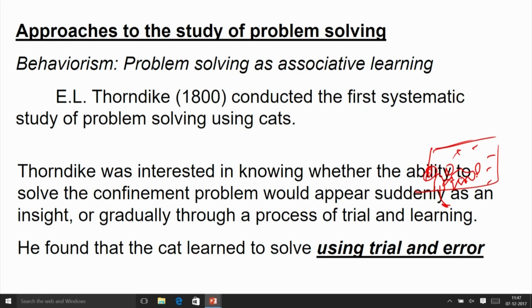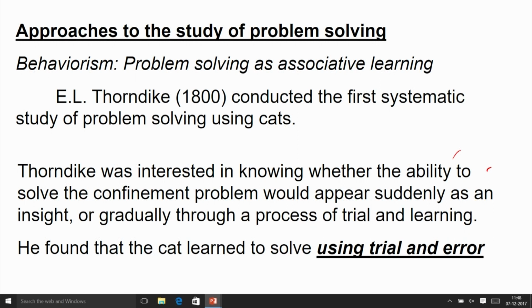So, Thorndike was interested in knowing whether the ability to solve the confinement problem would appear suddenly as an insight or gradually through the process of trial and learning. What he wanted to see is whether the cat did something for learning this solution, that if I scratch the right button, a door will open and I will get out of it, or whether the cat sits and, through insight, through some kind of magic or some kind of internal problem solution, will be able to know that I scratch this.